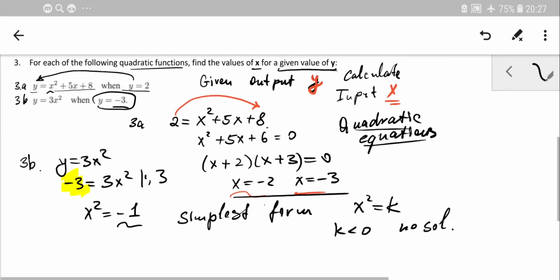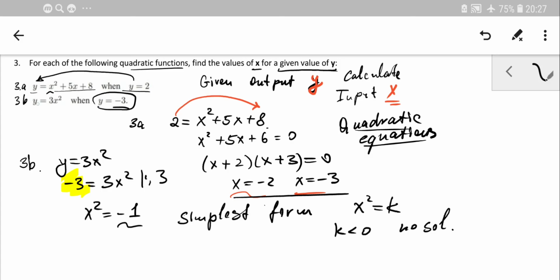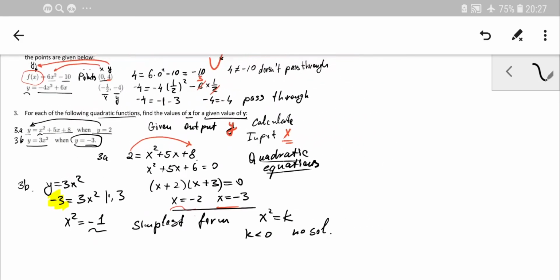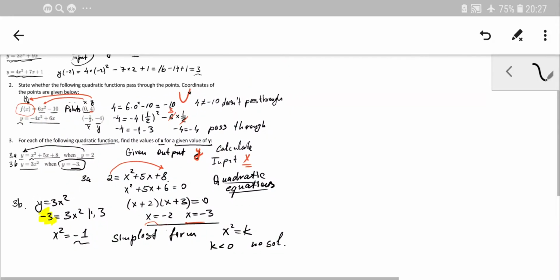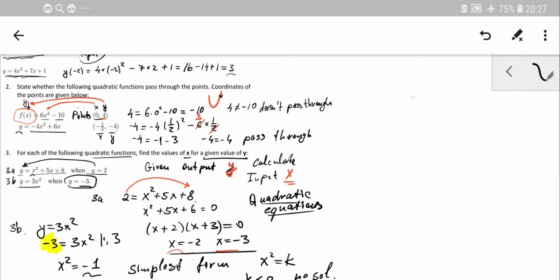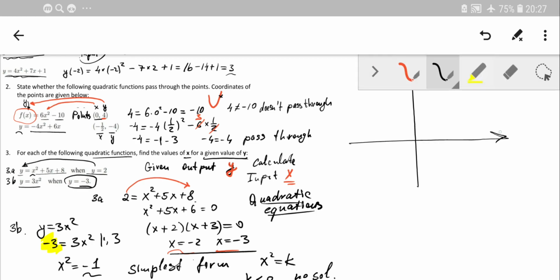We have y equals 3x squared. Let's do it graphically. We haven't done graphs yet, but we can try to plot it. Maybe students who remember and revise quadratic equations and functions are able to do that.